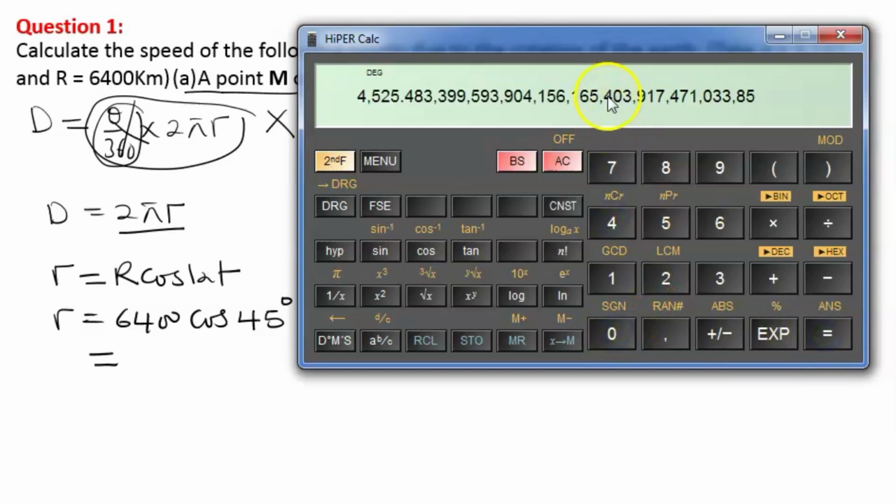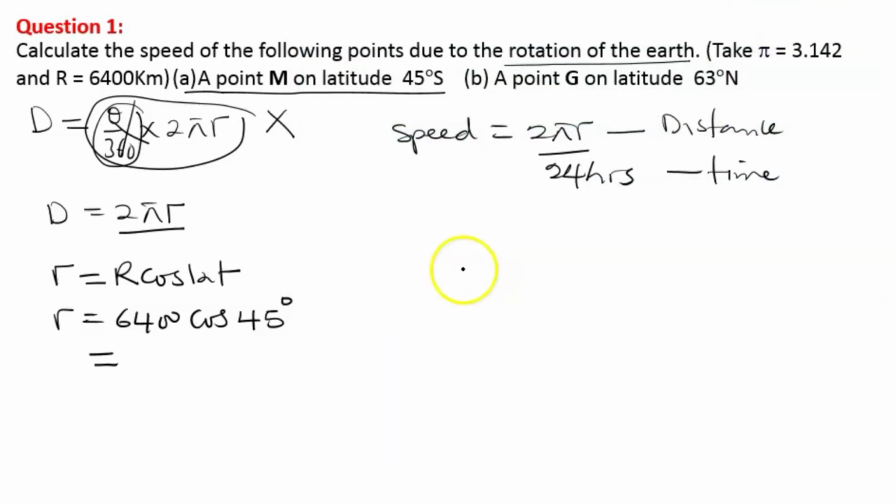So I'm going to have 4,525.48, to 2 decimal places. That's our r, in kilometers.